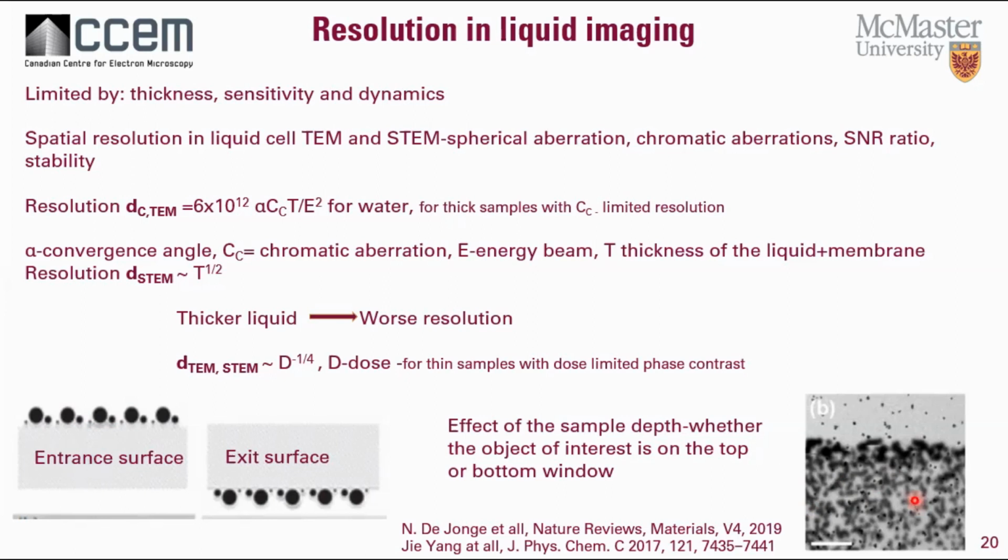This is one of the bright field STEM images taken by one of the students in our group. It's an image of palladium particles, and you can see the resolution is much higher on the particles which are on the top window.